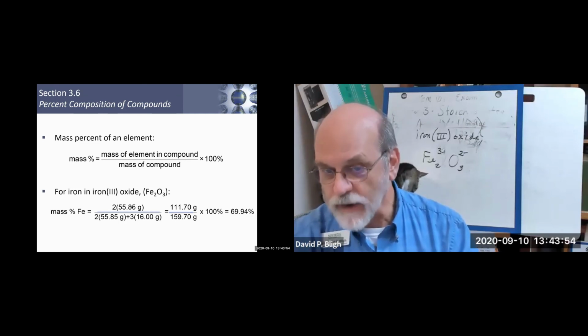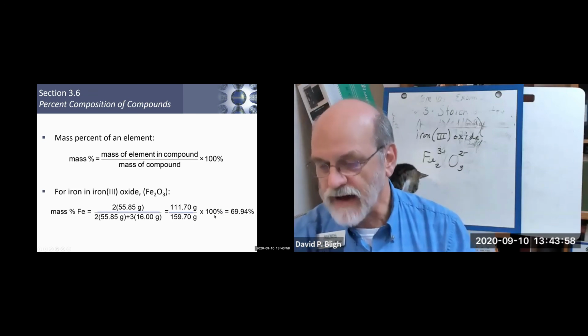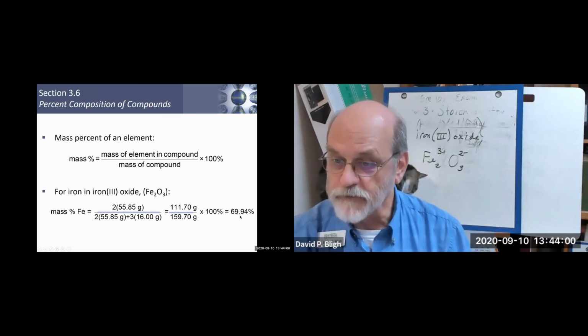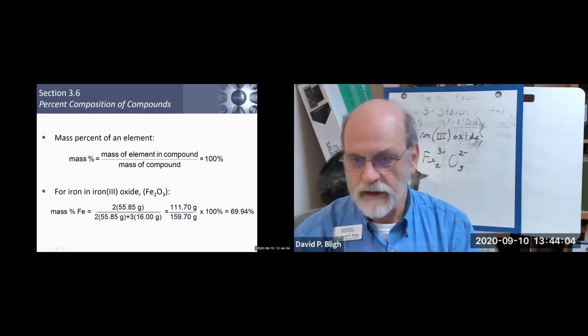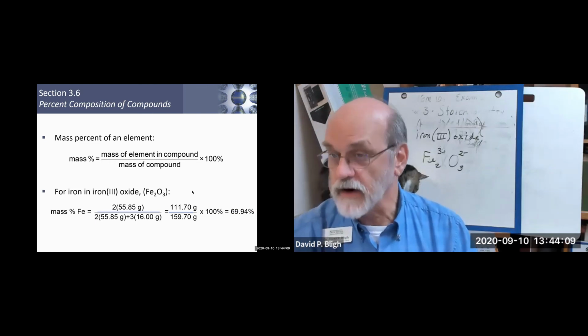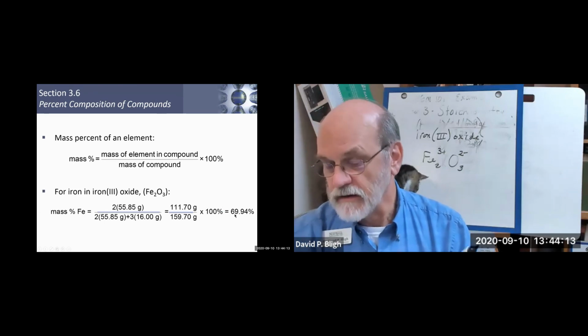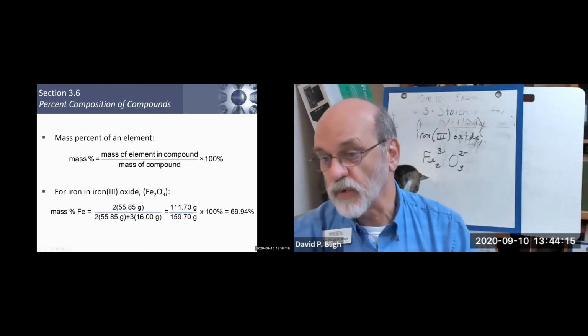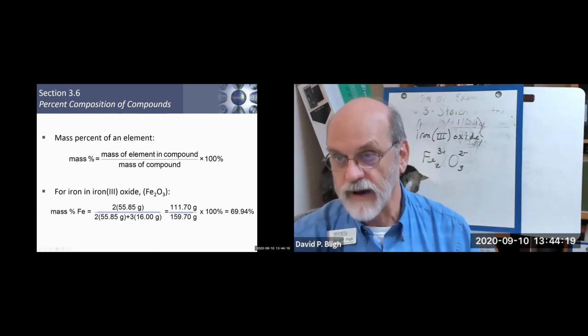So now you have how much the iron weighs and how much the compound weighs. Divide, multiply by 100, and 69.94% is iron. Now, if you need to know oxygen, you can do the same thing. Or since iron and oxygen are the only 2 elements, it should be 100 minus 69.94 would be how much oxygen by percentage.